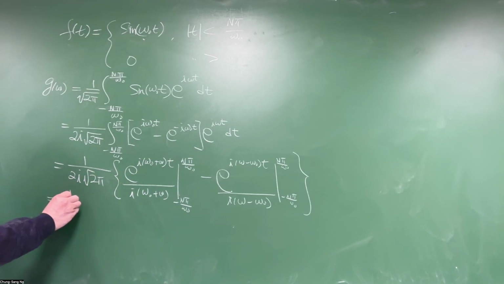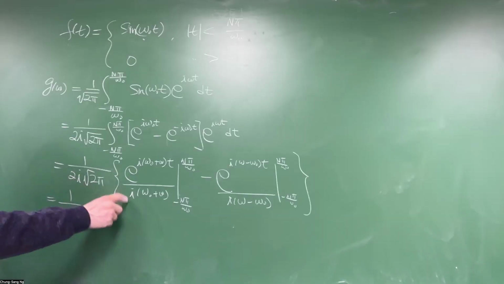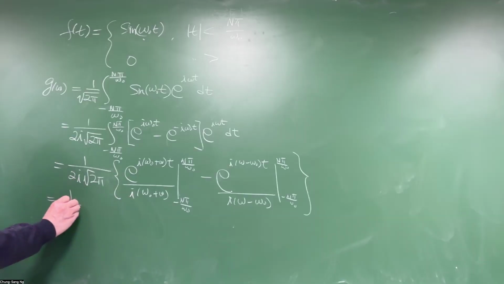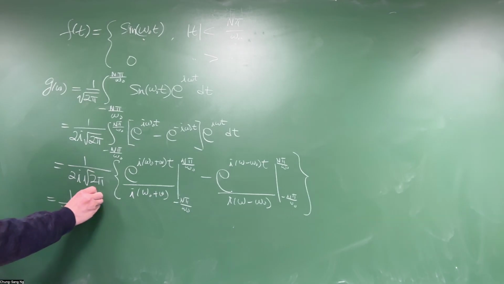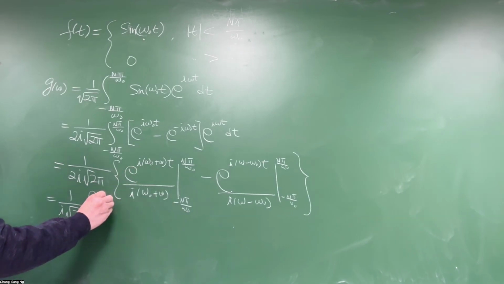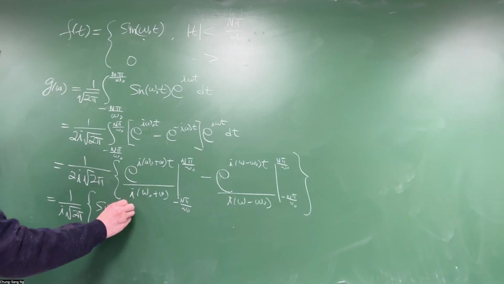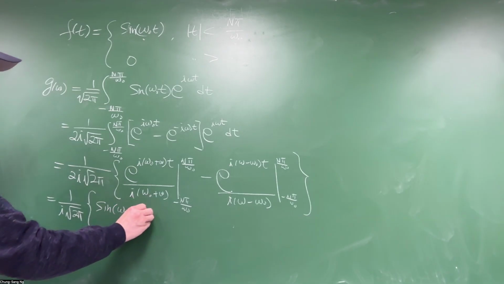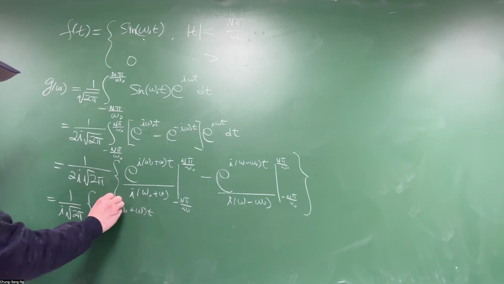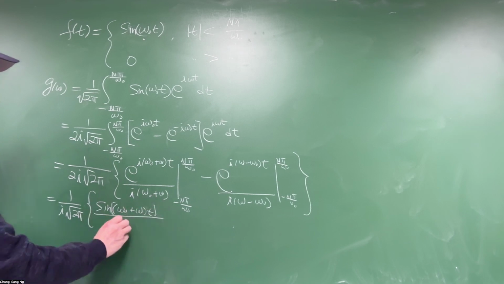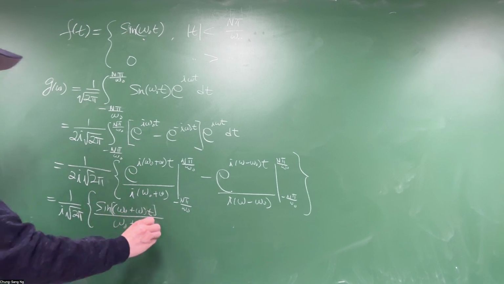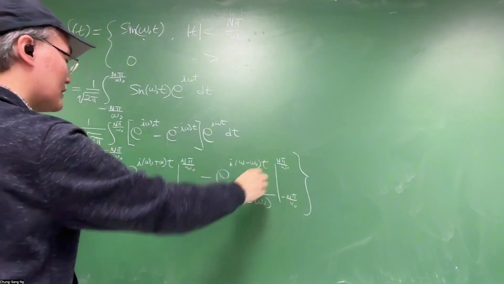So two over here, so you have i. And the rest is just sine of this, and the rest is the same.